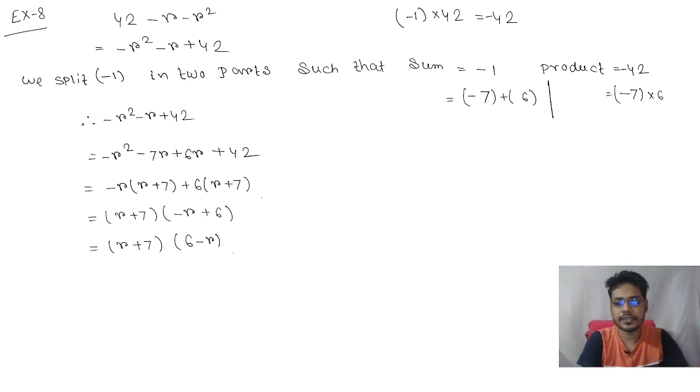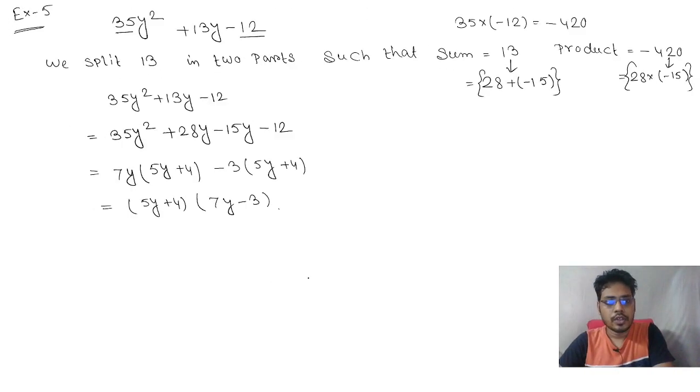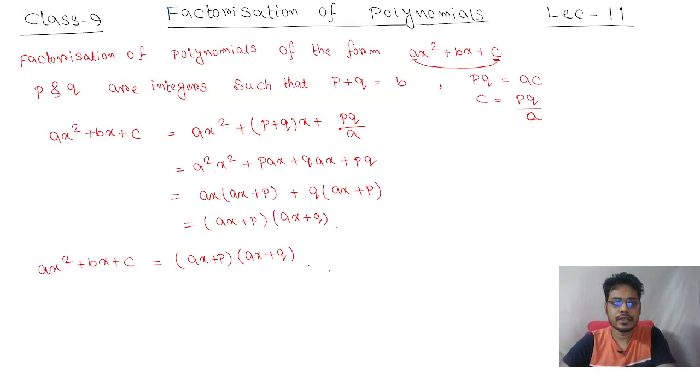In the revision section, we have to revise the things we learned in today's class. If the polynomials are in the form of ax square plus bx plus c, that means the coefficient of x square is present, the coefficient of x is present, and the constant term is there.